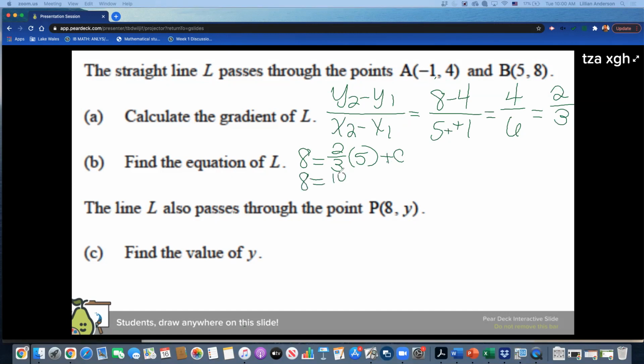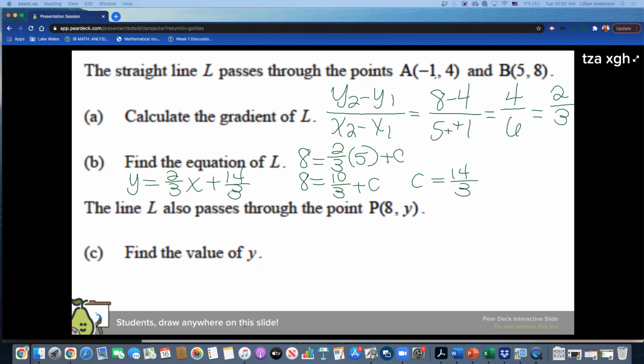This becomes 10/3. So then c is going to equal 8 minus 10/3. 8 minus 10/3, I believe, is 14/3. Can I get confirmation? So then my equation would be 2/3 x plus 14/3.